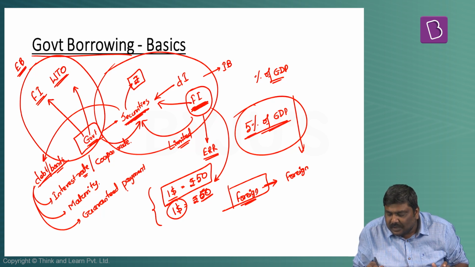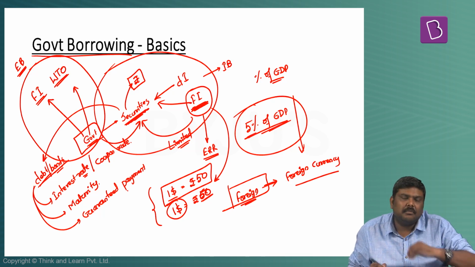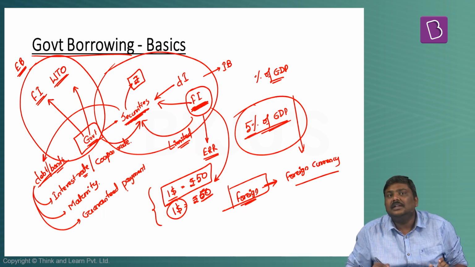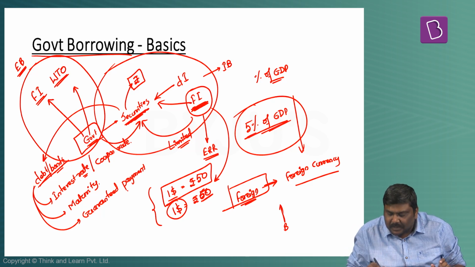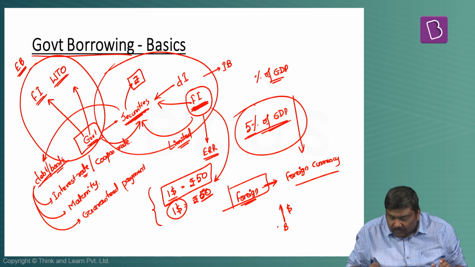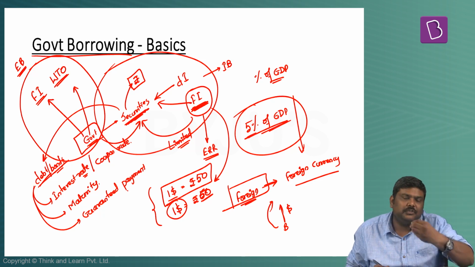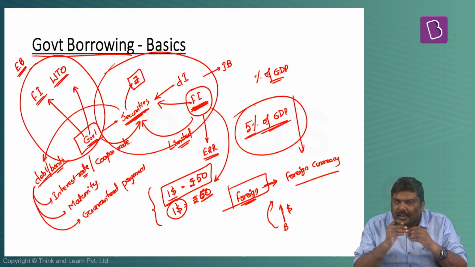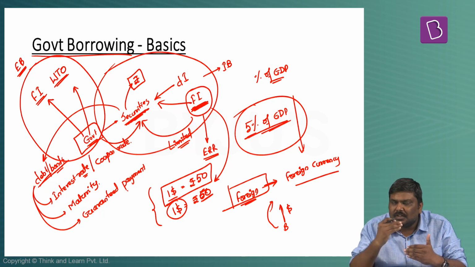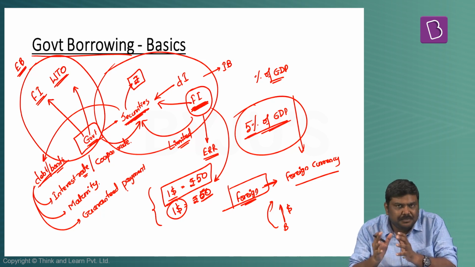What is the meaning of this? Government of India, if it issues this kind of a bond in US market, it will sell the bond and it will take the money in the form of dollar. It will repay in the form of dollar when this is done in case of the US market. Hence, this is a concept of the sovereign bond which the government of India has proposed.